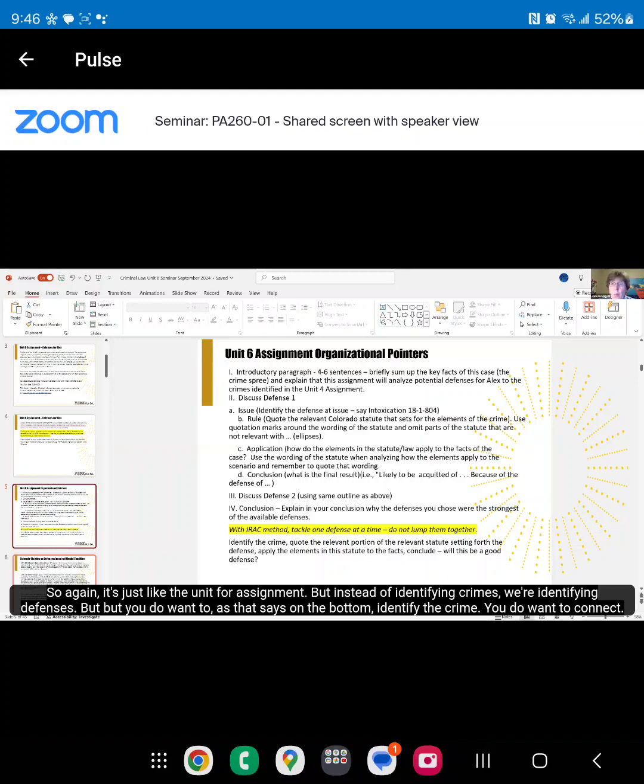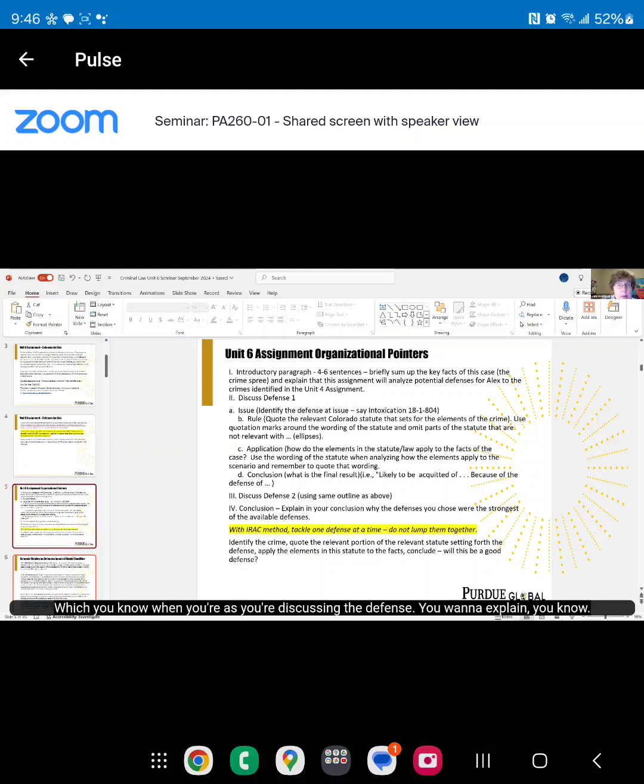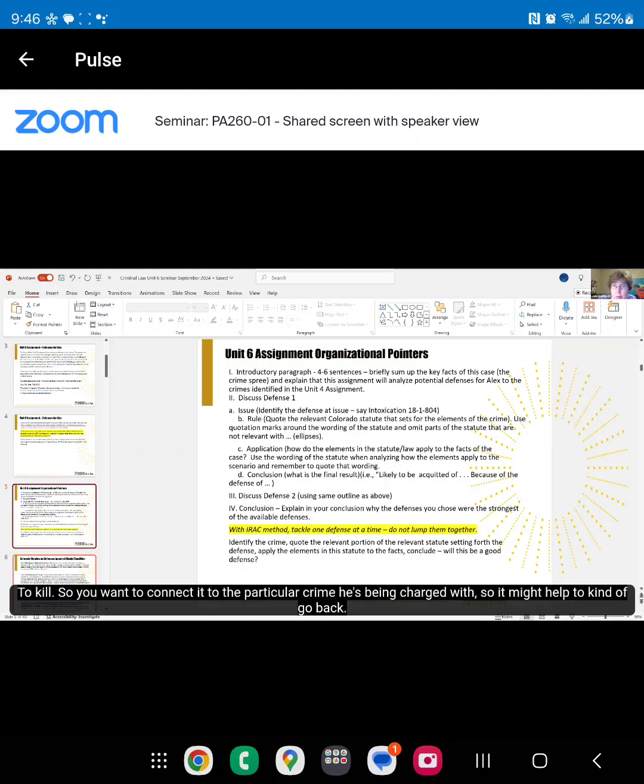You do want to connect, as you're discussing the defense, you want to explain for which crime this defense is going to work. So, for example, if you talk about intoxication, you would want to point to this is going to work for first degree murder because we could show there is no intent to kill. So you want to connect it to the particular crime he's being charged with.